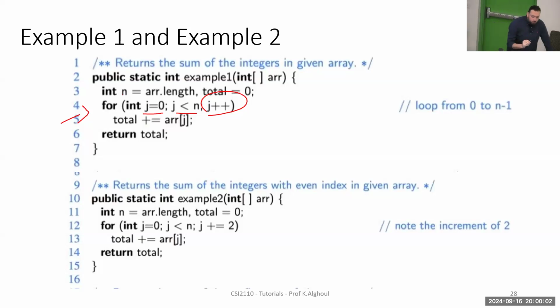Tell me why it is O of log n. So it's going from 0 till n, right? And then we have this one. So why is this log n? You don't have to have the right answer. Just tell me the process of how you thought about it so I can correct you. Guys, please.